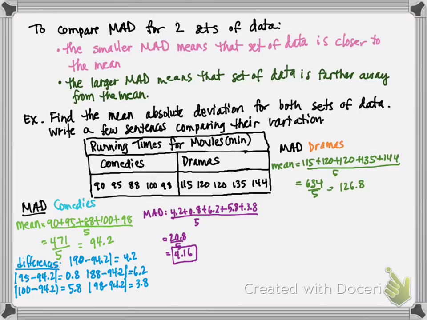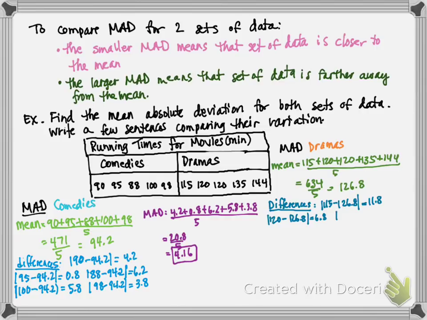We're going to do the differences. So we're going to get the absolute value of 115 minus 126.8. So our answer is always going to be positive. That gives me 11.8. And then we're going to do 120, take away the 126.8. That's going to give me a difference of 6.8.